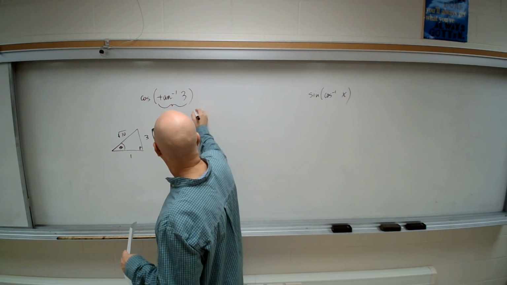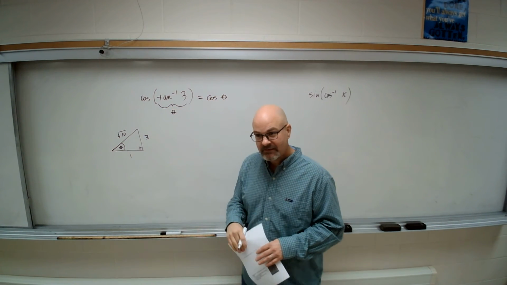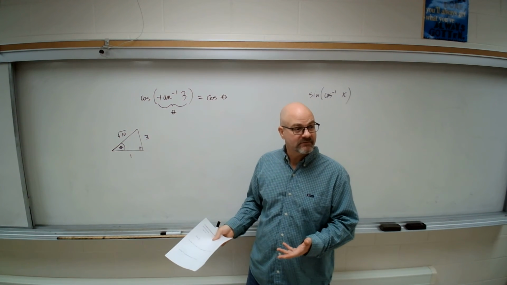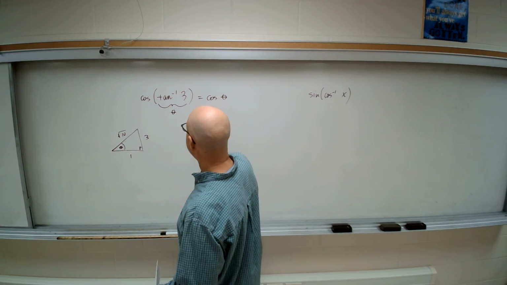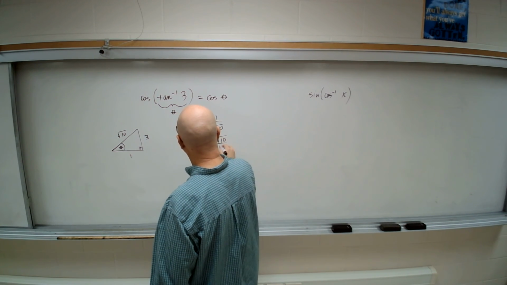So what we're actually looking for is the cosine of theta. Can we tell from that picture? It's going to be 1 over radical 10, or radical 10 over 10.